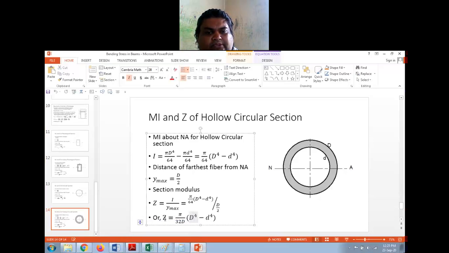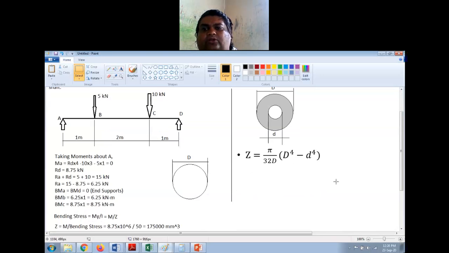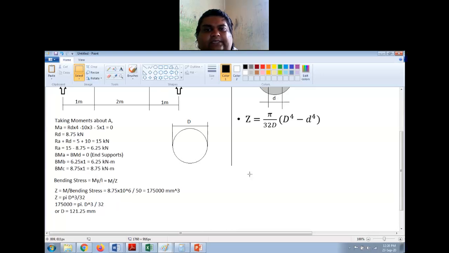So let me just quickly copy this equation so that it's easy for me. Right? So I have the section modulus for this hollow section as this.